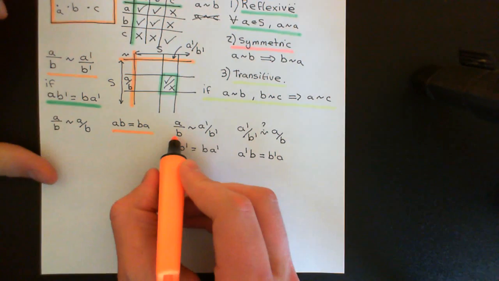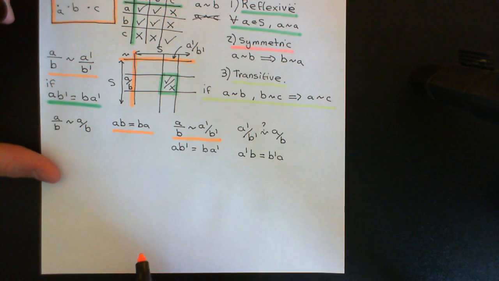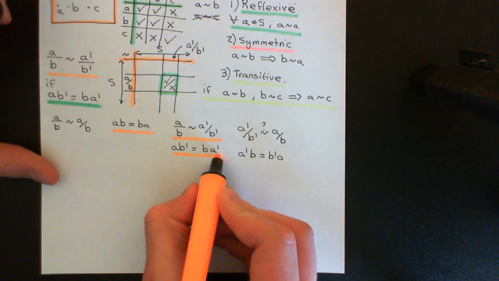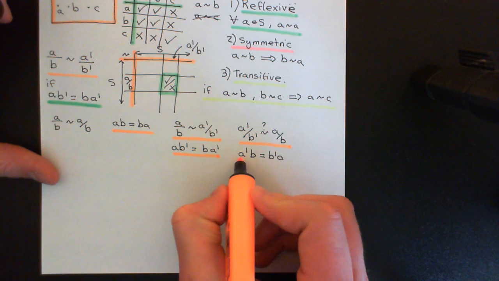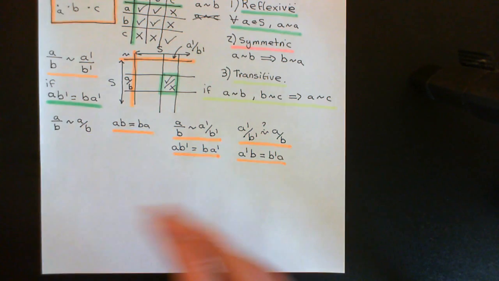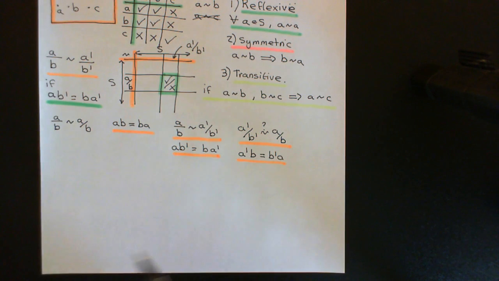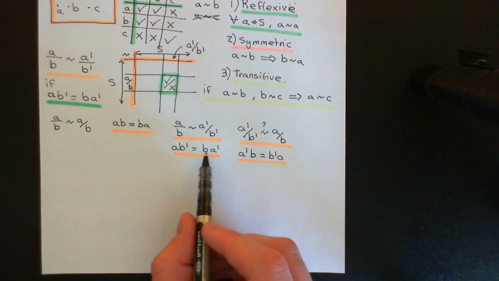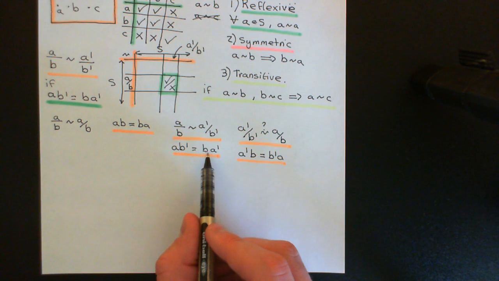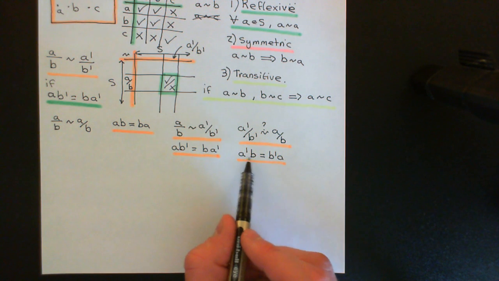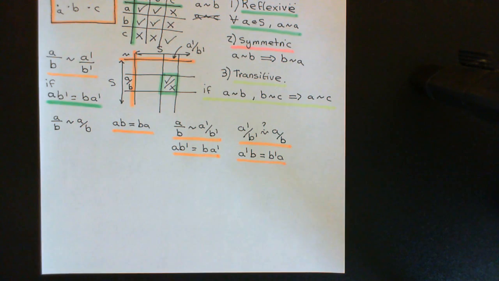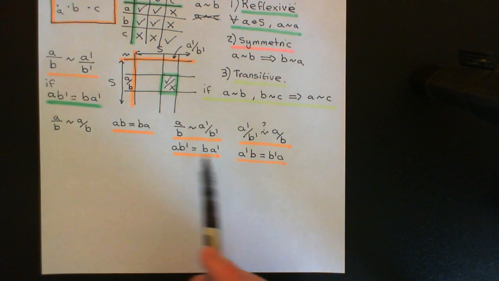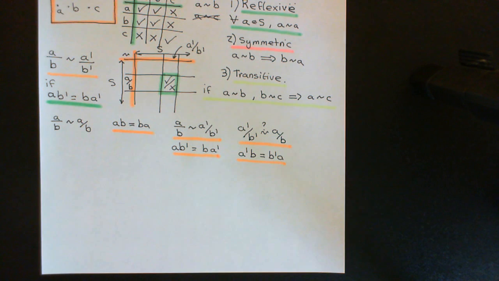So if a over b was related to a prime over b prime, then this must have been true. If we want a prime over b prime to be related to a over b, then this better be true, but of course those two statements are exactly equivalent, again because of commutativity of multiplication in the integral domain. So b times a prime is the same as a prime times b, and a times b prime is the same as b prime times a. That's absolutely fine. If this is true, this is also going to be true. So symmetry holds true.